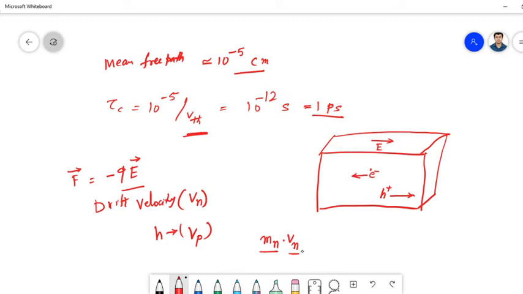Now where does this momentum come from? This came because of the Coulombic force. Again, we know momentum is equivalent to force multiplied by time.